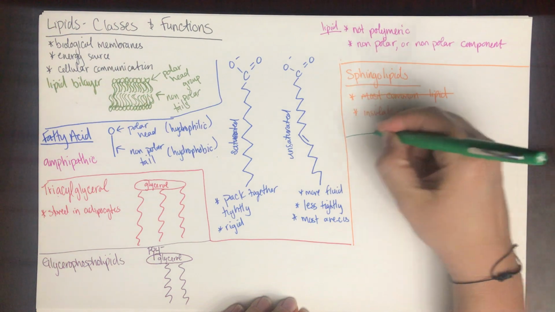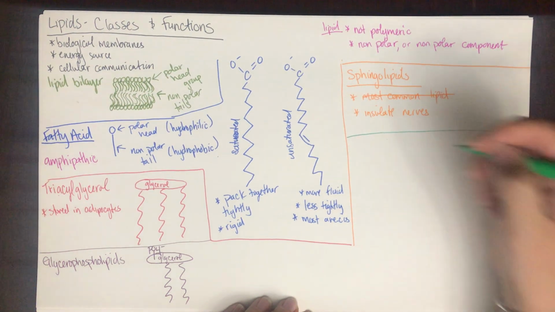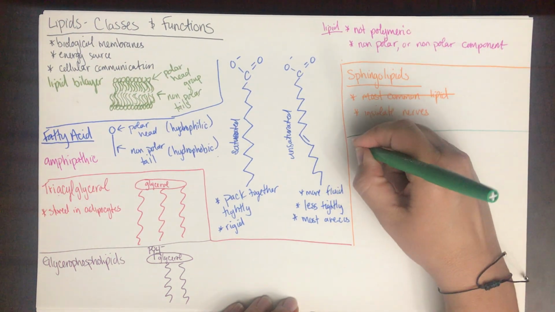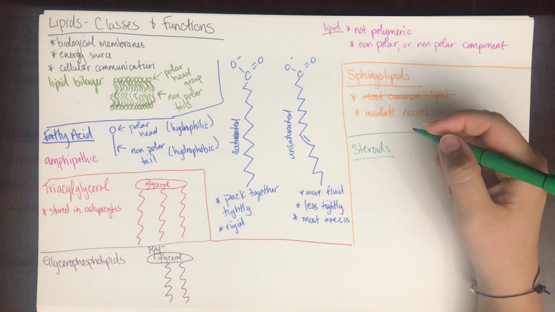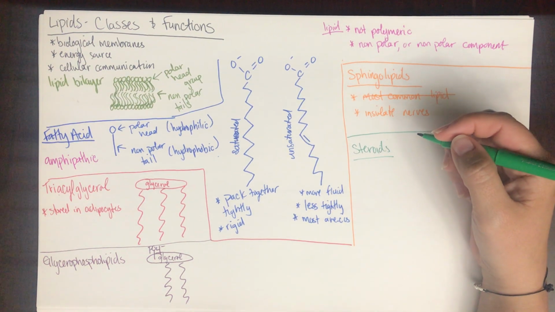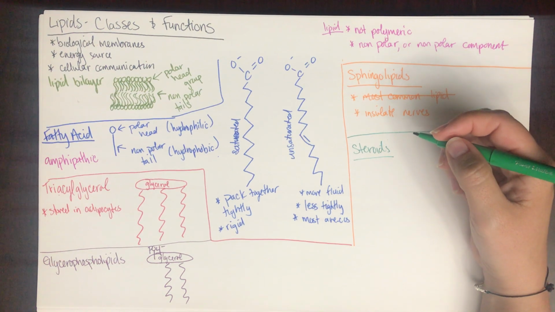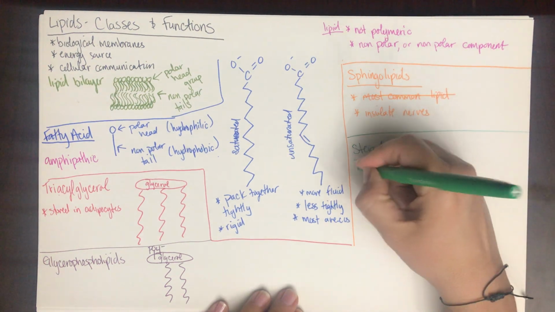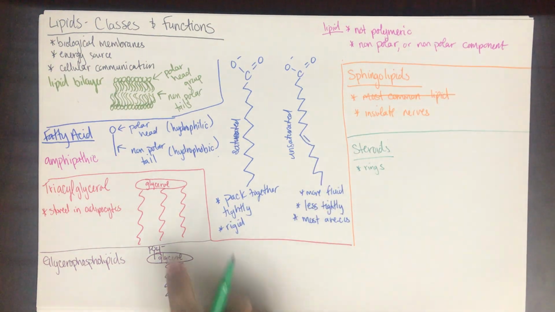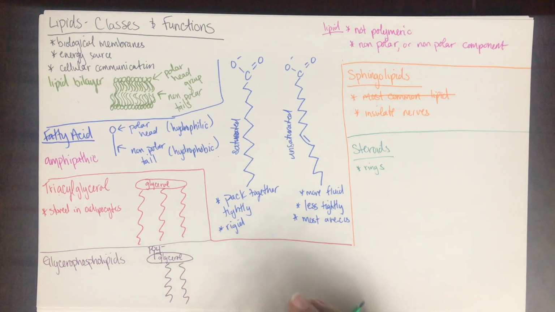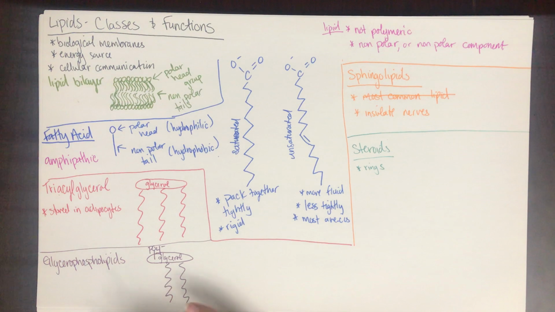The last class of lipids that we're going to talk about are steroids. So steroids are a type of lipid. They usually have many rings. Instead of having groups and then long fatty acid chains, they usually are what's called heterocyclic, meaning they're made up of multiple rings.